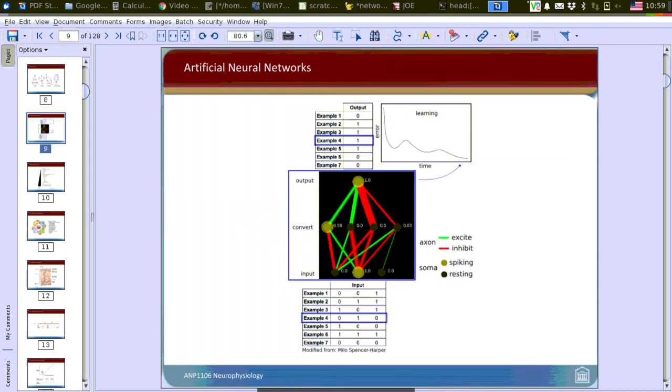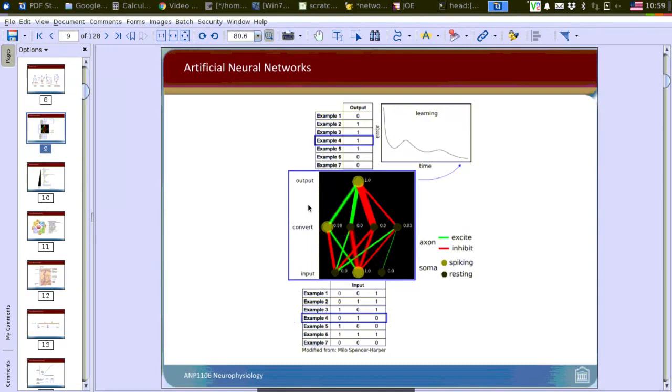Now, the purpose of this is for the circuit to convert these input patterns into the desired output patterns. So we could see the desired output patterns.